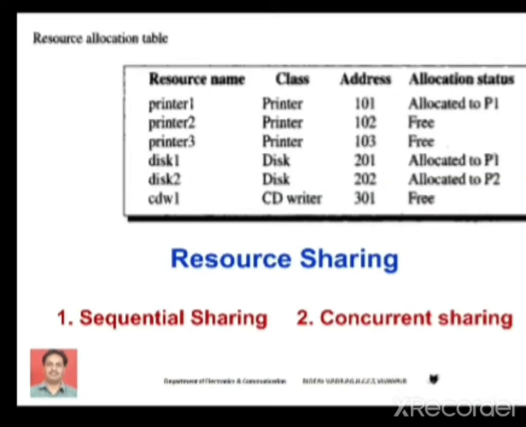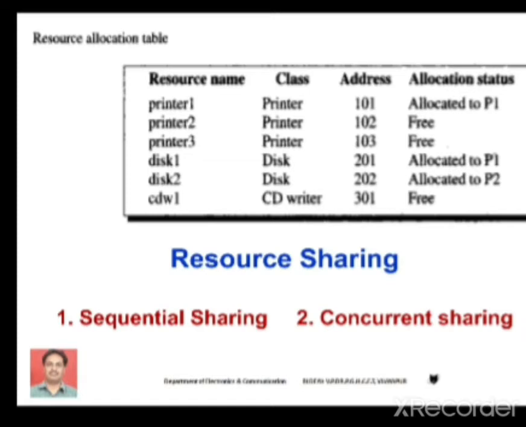In both cases, the operating system is going to maintain a table called the resource allocation table while allocating the resources. This resource allocation table mainly includes the name of the resource, class of the resource, address, and allocation status. For resource name, an example is shown like printer 1, printer 2, printer 3, disk 1, disk 2 and CD writer 1. Class indicates the class to which that particular resource belongs.